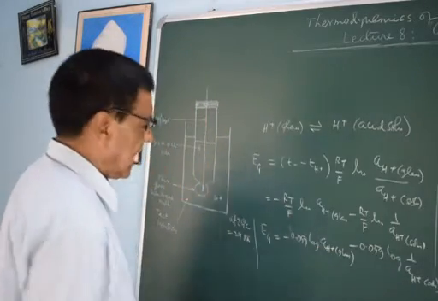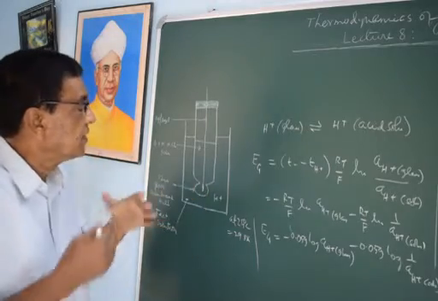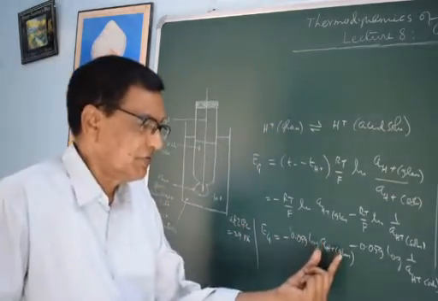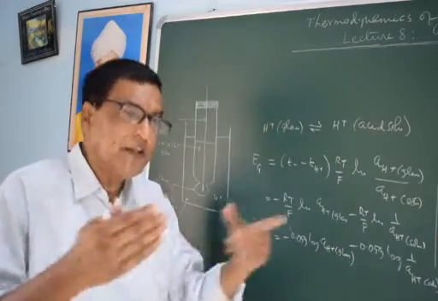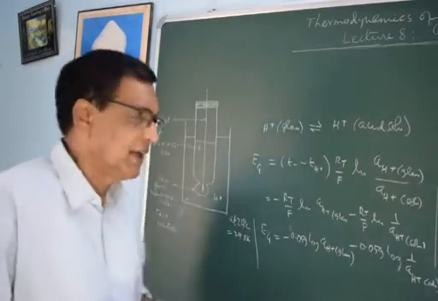The hydrogen ion concentration within this glass surface is fixed. This will vary from glass to glass. This depends on the type of electrode.